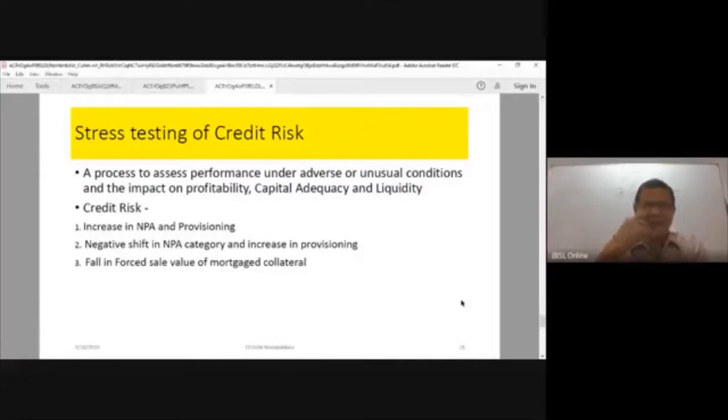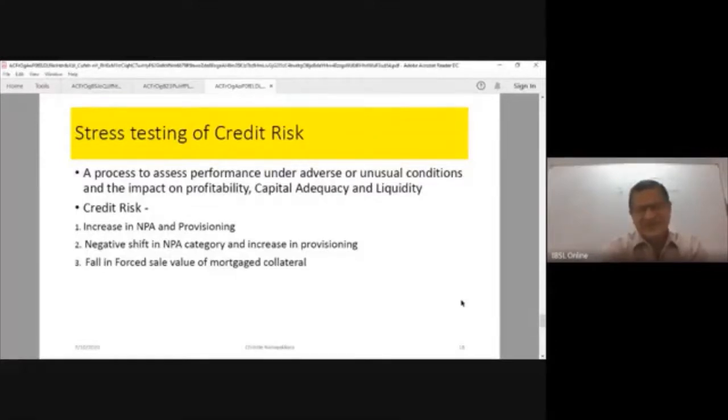So stress testing means you are testing if a situation or the scenario moves your credit risk into difficult times. Now, at the moment, in fact, we are in difficult times. Stress testing is required generally before we reach a situation of this nature.